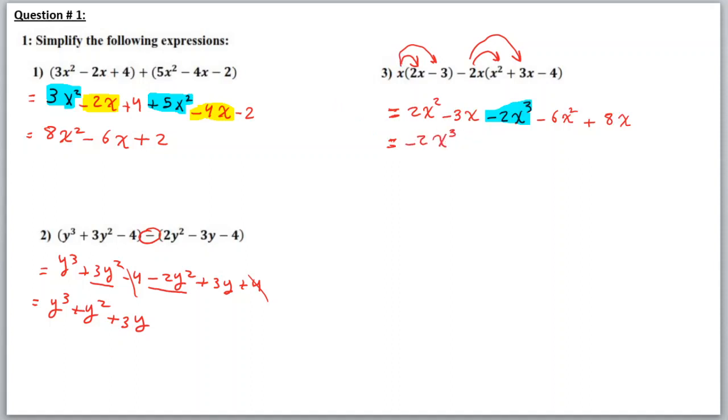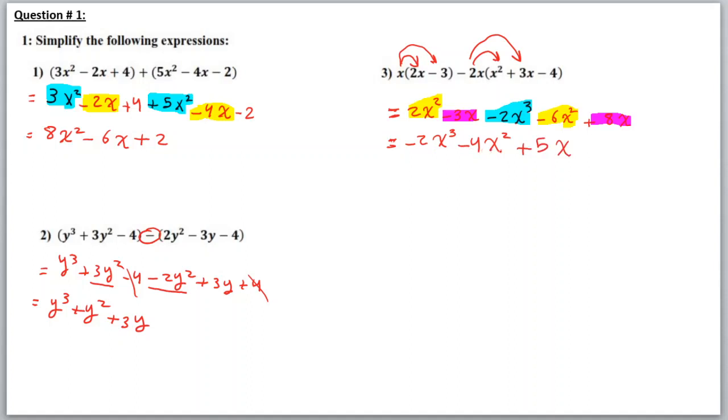Again we have 2x squared with minus 6x squared, so the final answer will be minus 4x squared, since 2 minus 6 is minus 4. And the final one, minus 3x with plus 8x, so the answer will be plus 5x. This is the final answer.